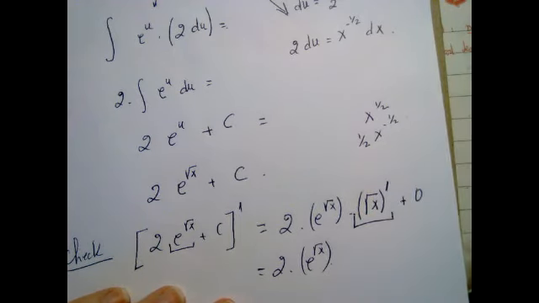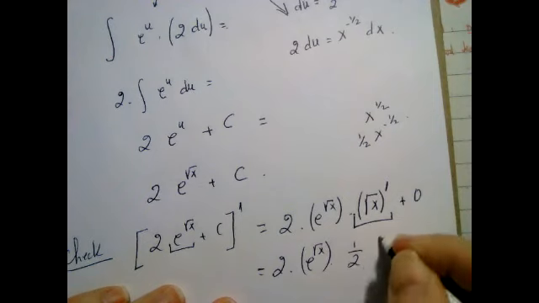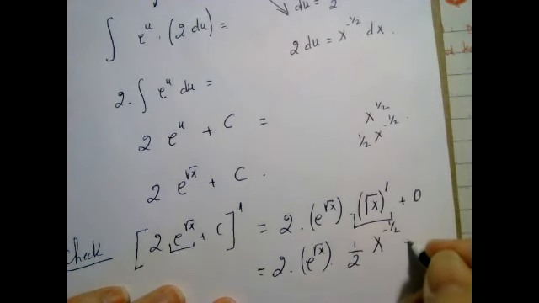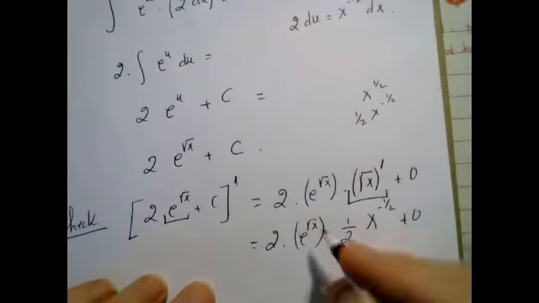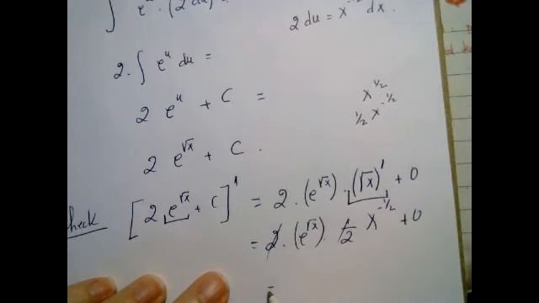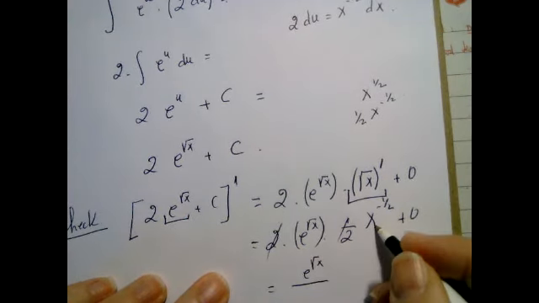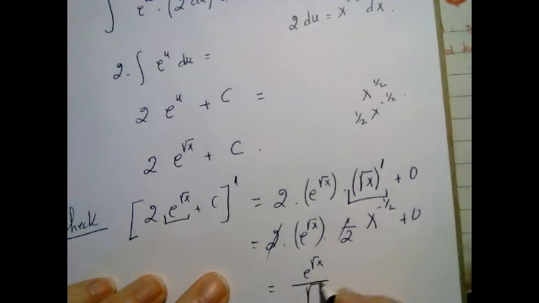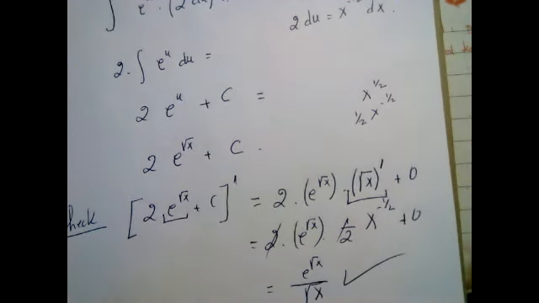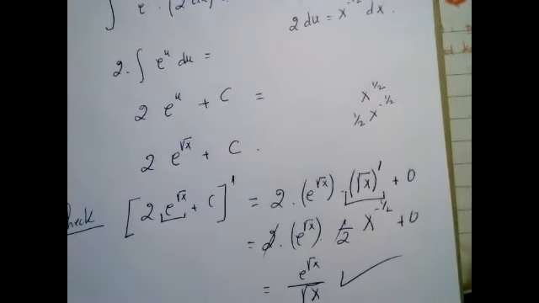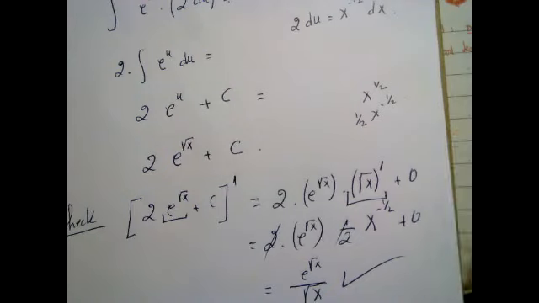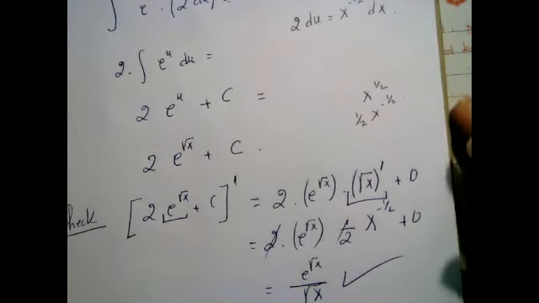So this gives me a half x to the minus a half plus 0. The two simplify, and I'm left with e to the root x times x to the minus a half, which is 1 over the square root of x, exactly the integrand we're looking for. Okay, so again, substitution was not far-fetched in this problem.